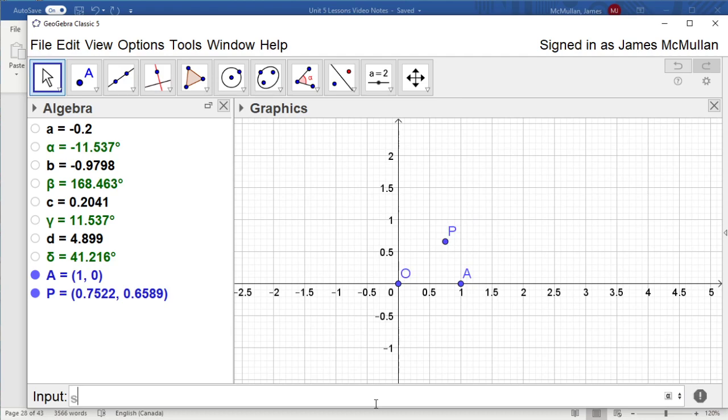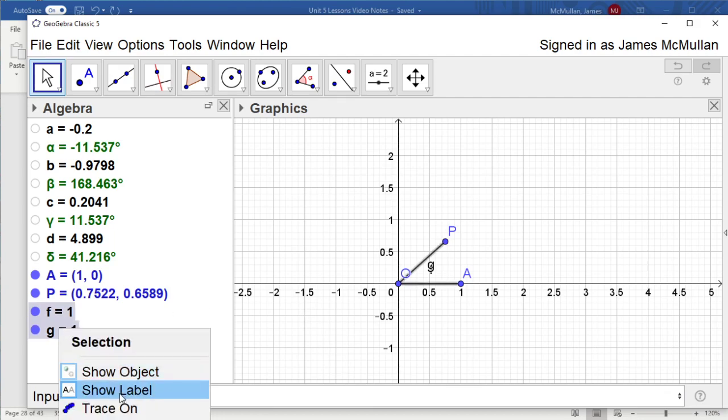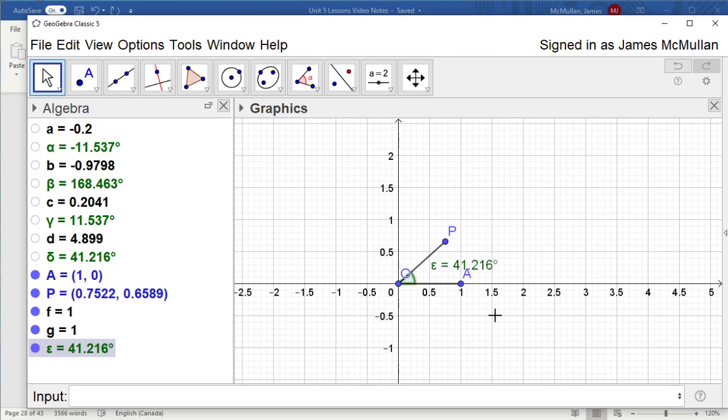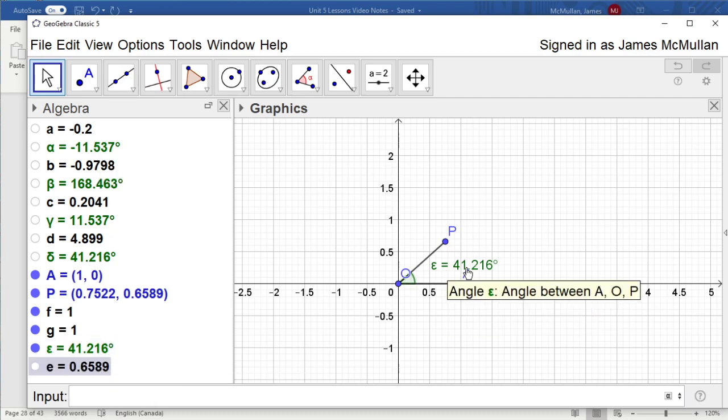And then I'm going to draw a segment A to O and a segment O to P, as we usually do. I'll just get rid of these labels, and then we'll measure the angle from A to O to P, and we measure that it is 41.216 degrees. And if we take the sine of 41.216 degrees, we get the 0.6589 that we started with.